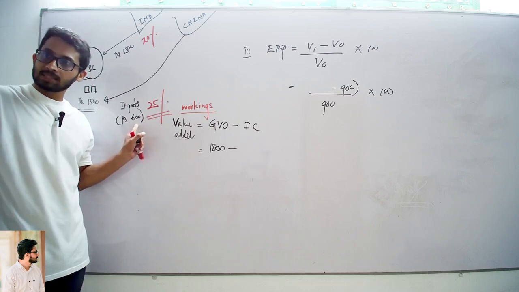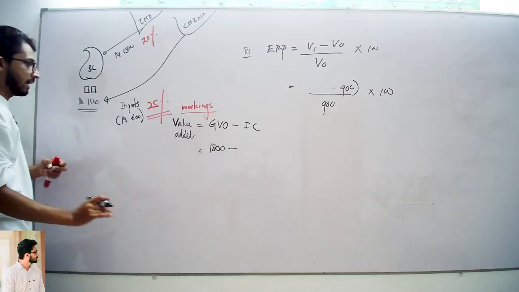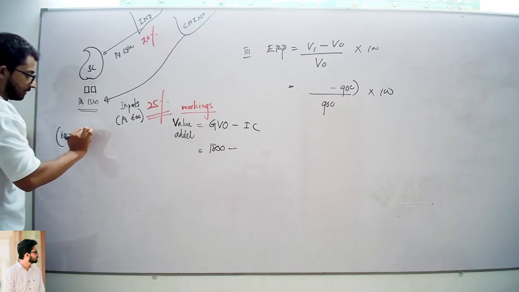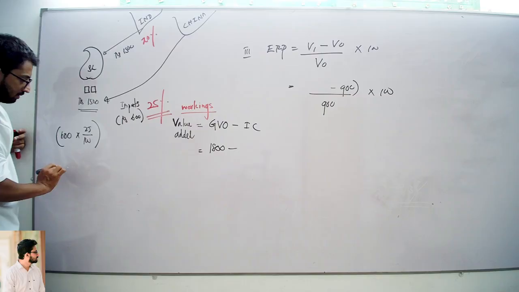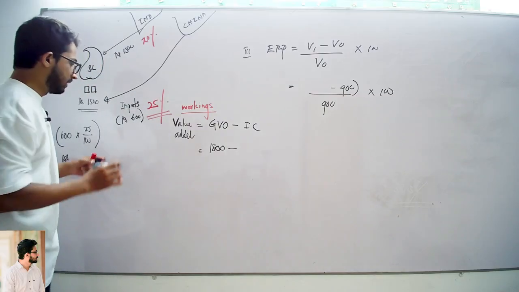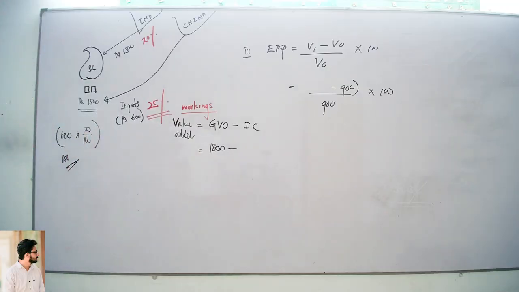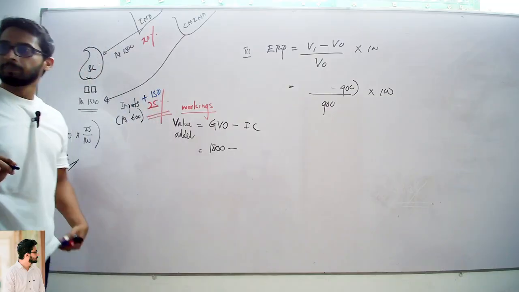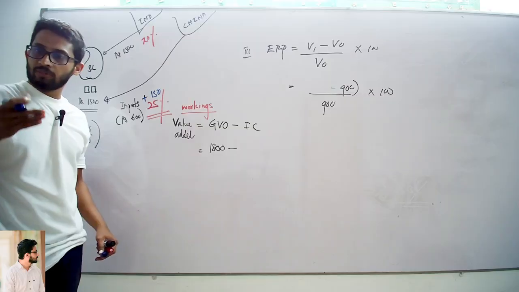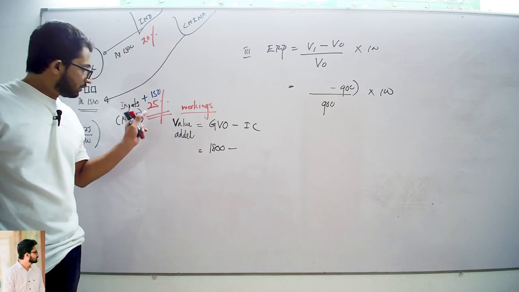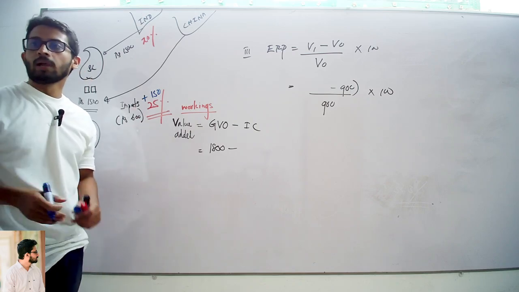They have to pay a tax. How much? 600 into 25%, one quarter, 150 rupees. Now domestic producers have to pay 150 rupees tax on imported raw materials. This is the cost for them. In other words, value addition of domestically produced output reduces due to the tax imposed on imported raw material.